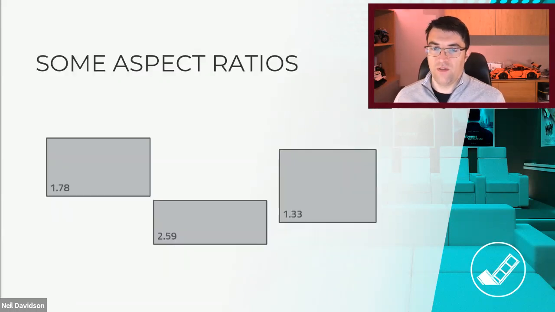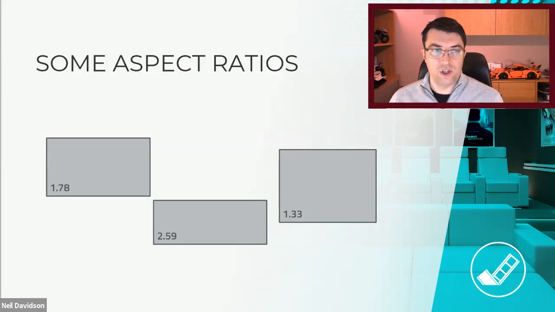So let's just have a look and see. So here are some more aspect ratios. Now, the point of this slide is just to try and make you think that the aspect ratio is the shape. It doesn't necessarily determine anything else. Other things dictate the overall size.